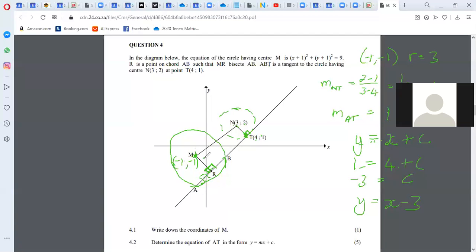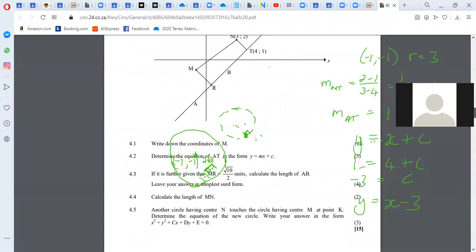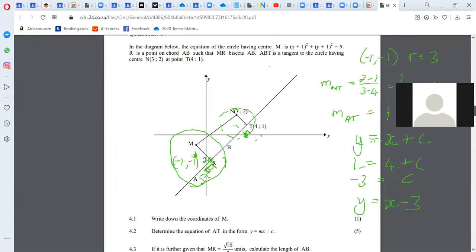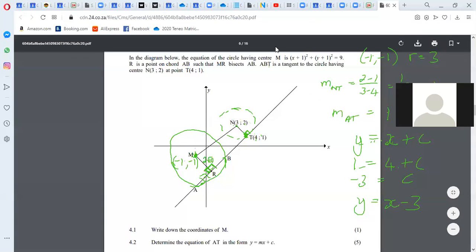Was this 2 root 10 that they told me? I think I'm going to have to move it down again. Oh, sorry, root 10 over 2 and they want AB.